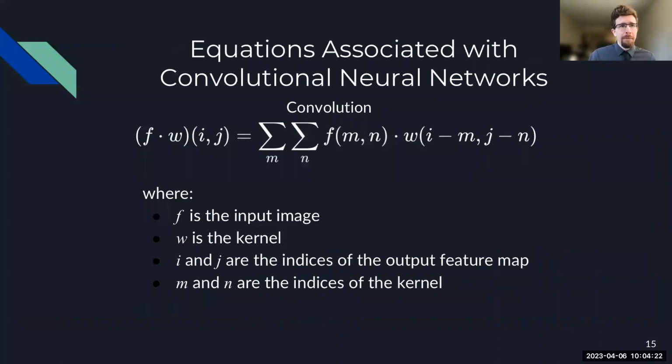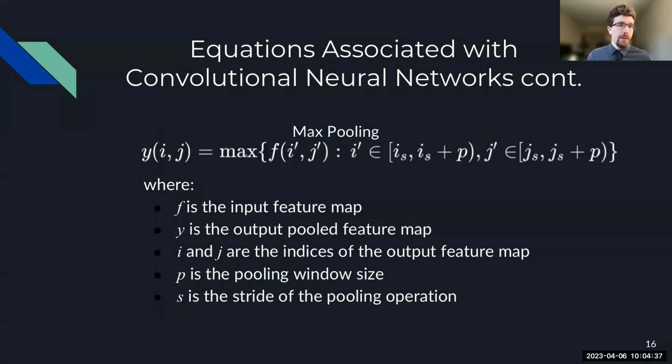I won't go into it too deeply, but this is how we're turning these images into a set of flattened descriptors. So you have the convolution operation and then the max pooling operation. And these two things in conjunction allow us to reduce dimensionality and turn it into a flattened layer.